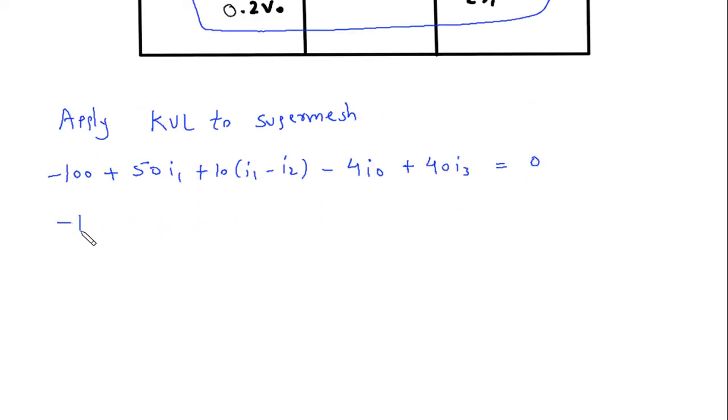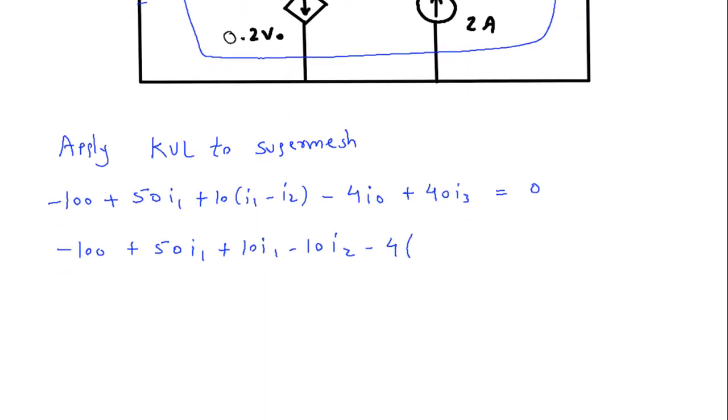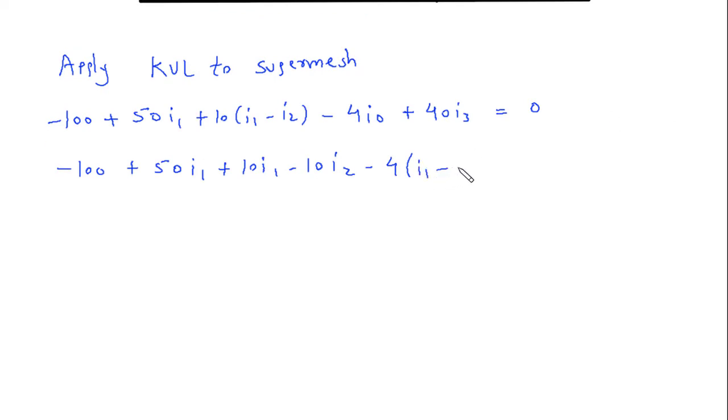So this will be minus 100 plus 50 I1 plus 10 I1 minus 10 I2 minus 4 into IO. Now this IO is equal to I1 minus I2. So minus 4 (I1 minus I2) plus 40 I3 is equal to 0.